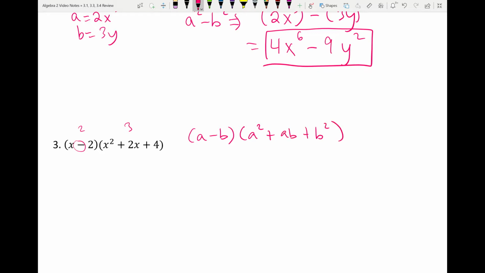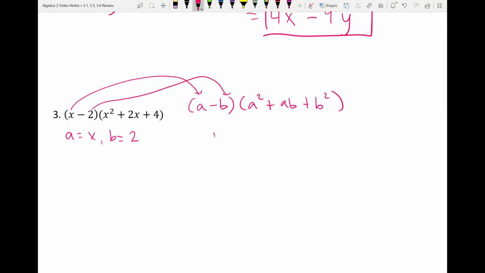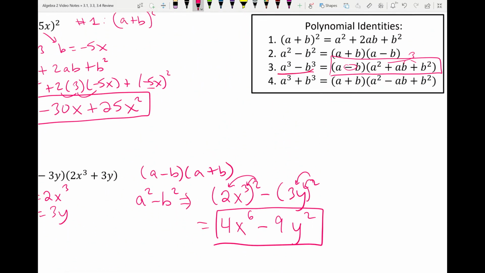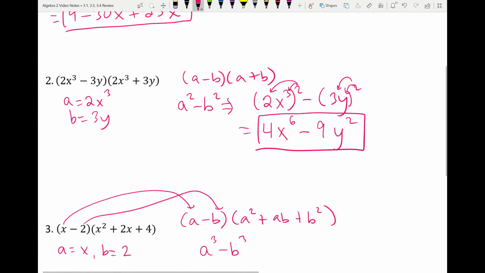So in this case, you can kind of tell that a is x by looking at that, and b is 2. So a is x, b is 2. Now this is equal to a cubed minus b cubed, because that's that cubed identity right here.